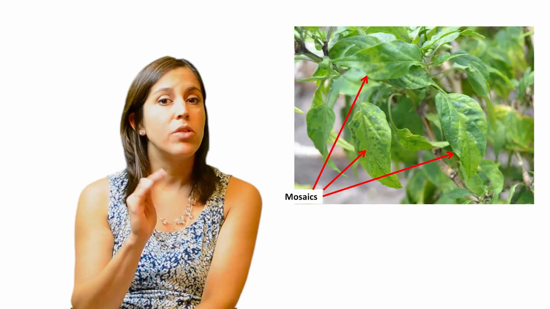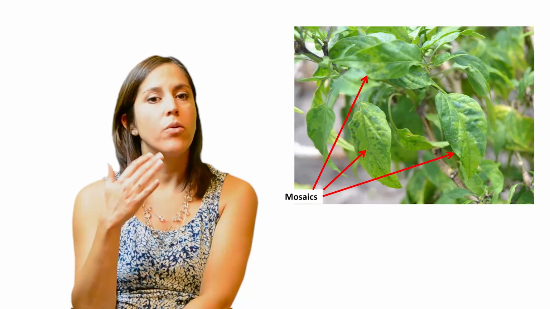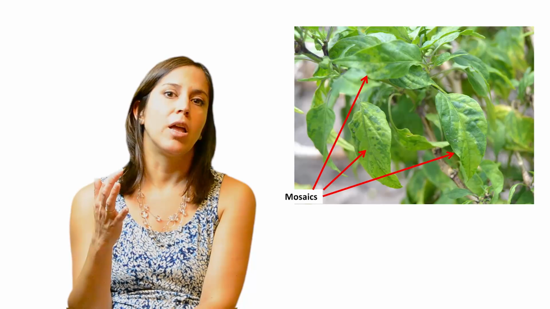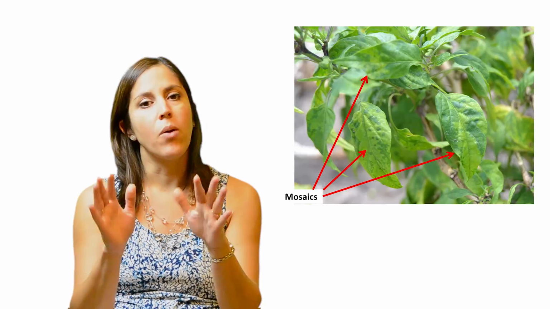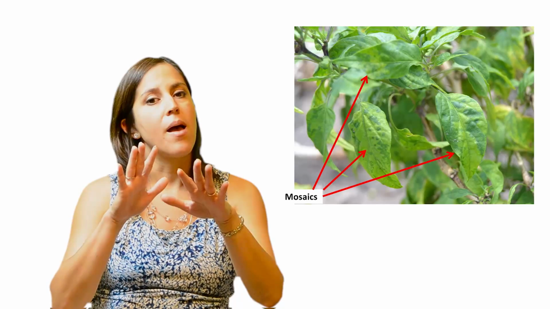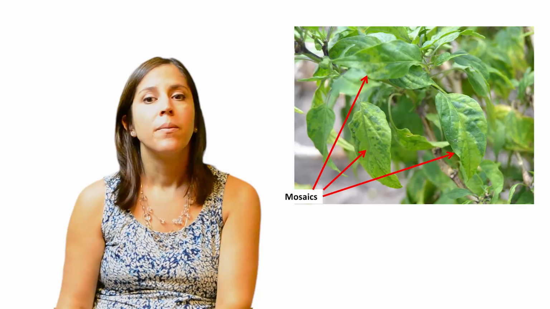I wanted to show you this because whenever you go out to the field and see something like this, you know that all of them are mosaic. It's not that it has to be a specific pattern. The mosaic or mottling may have completely different patterns.